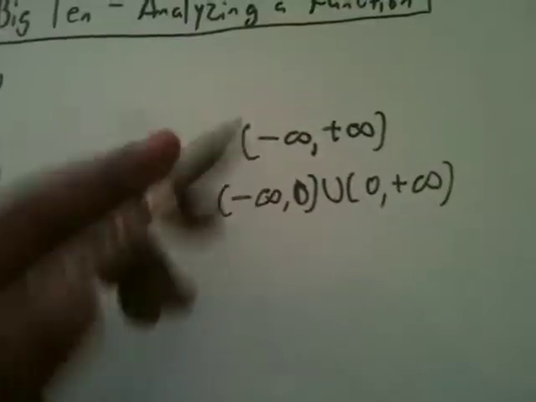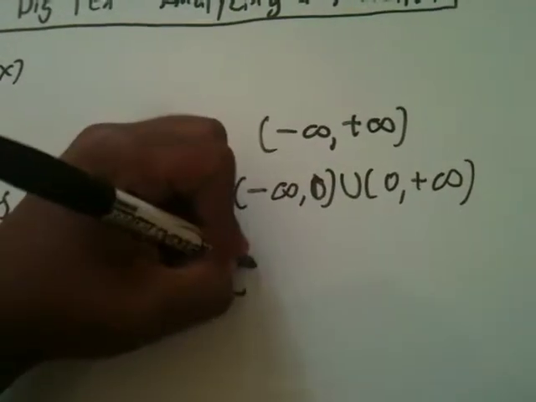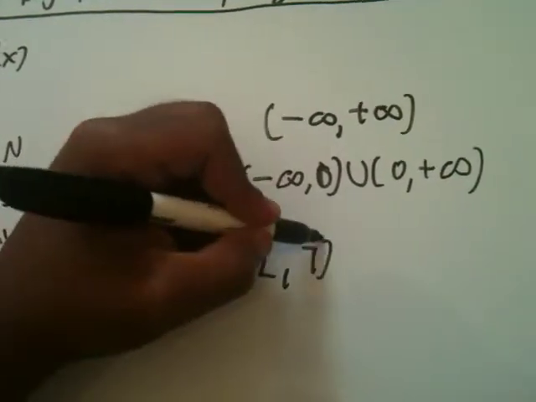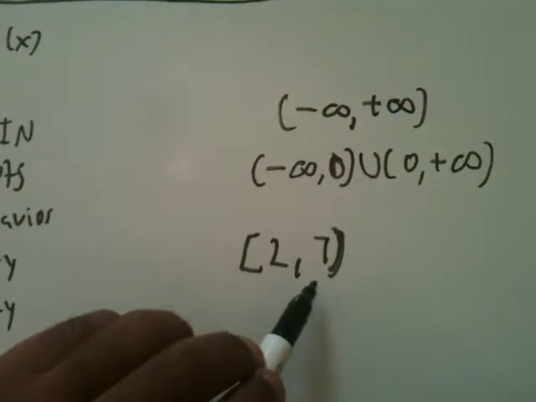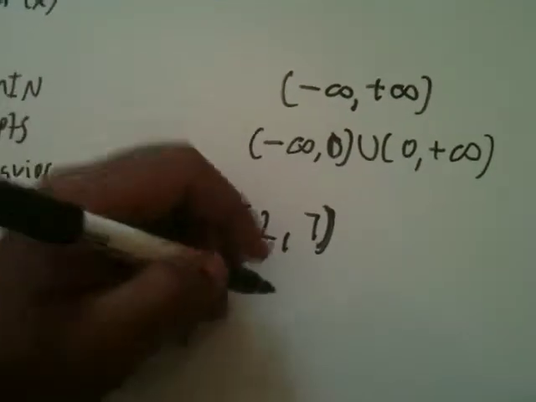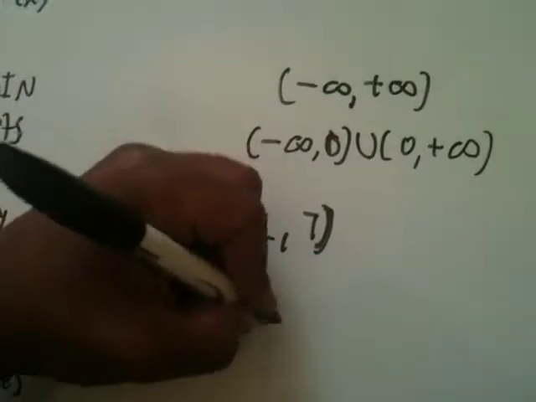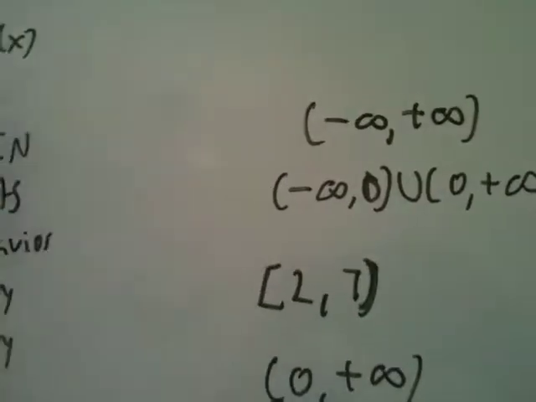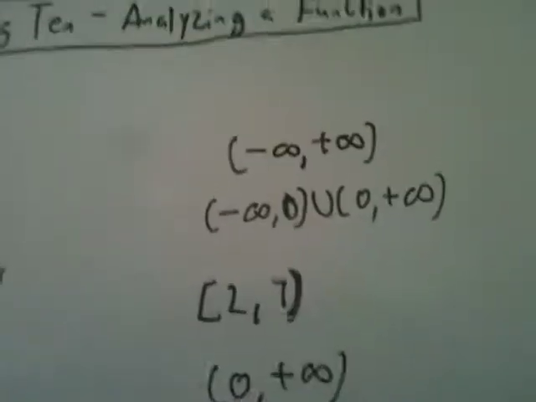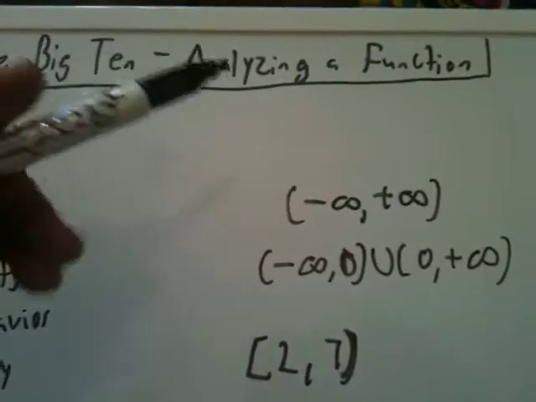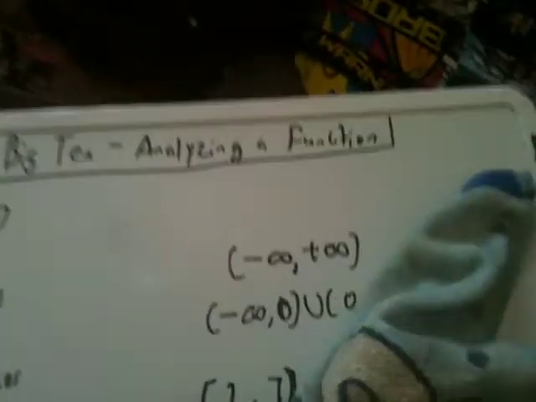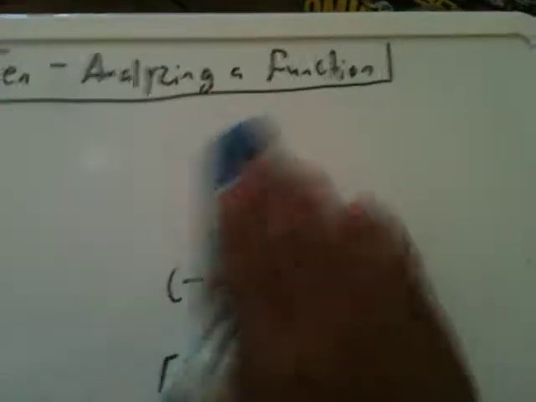Also, you may see something like another interval, maybe like 2, 7. That's not including 7, but it includes 2. Or even 0, positive infinity. These are examples of domains. If you were to say that the function has a domain of all real numbers, you would use this first one, negative infinity to positive infinity, with open parentheses. So that's the domain of a function.